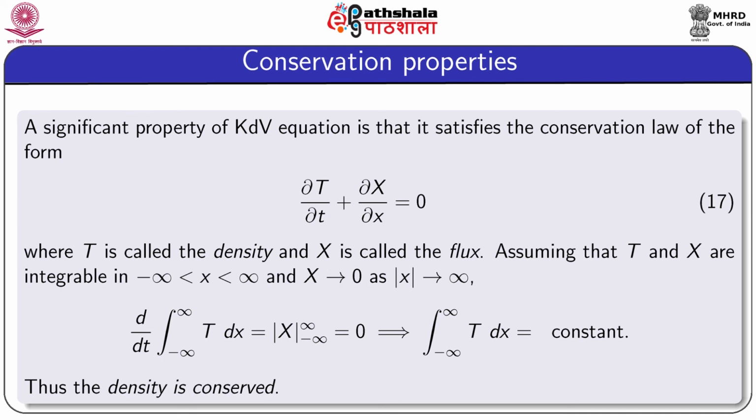Assuming that T and X are integrable in the interval minus infinity to plus infinity, and if you assume that capital X tends to 0 as mod x tends to infinity, then integrating equation 17 with respect to x over the interval minus infinity to plus infinity, we get d by dt of the integral from minus infinity to plus infinity of T dx equals the value of X from minus infinity to plus infinity.